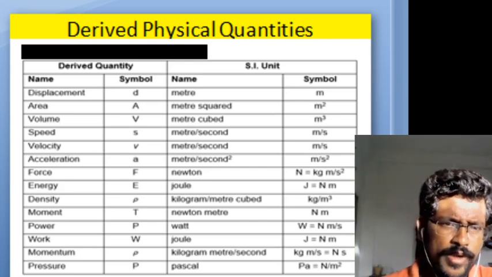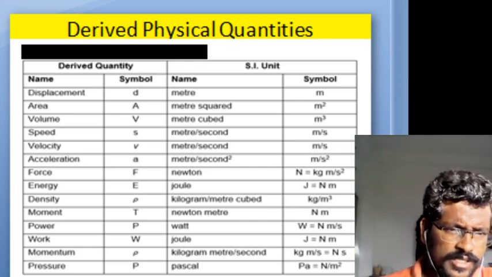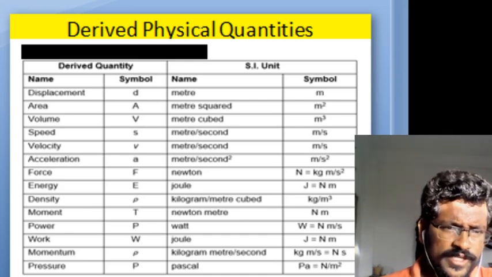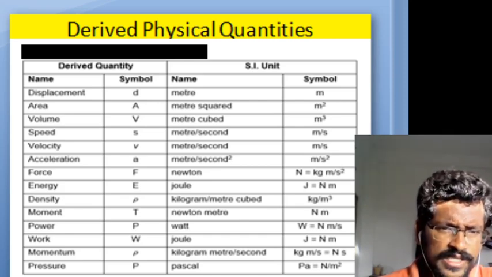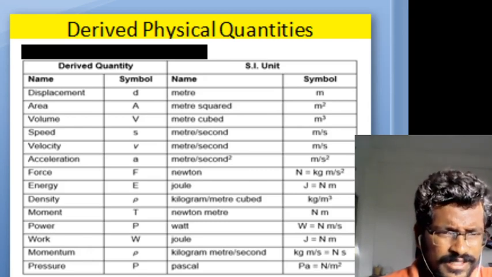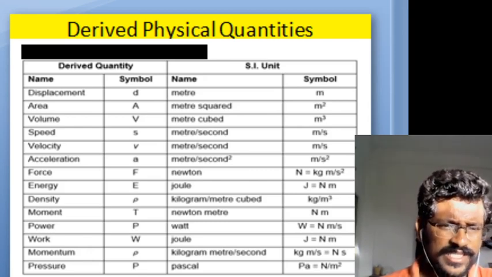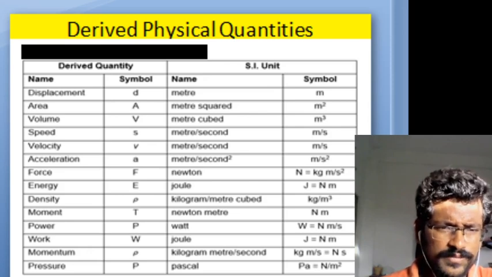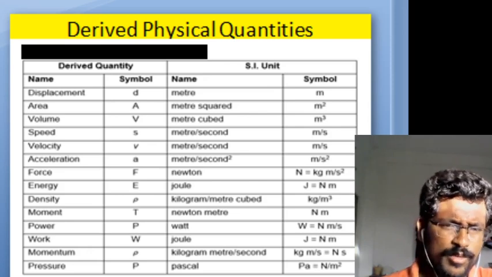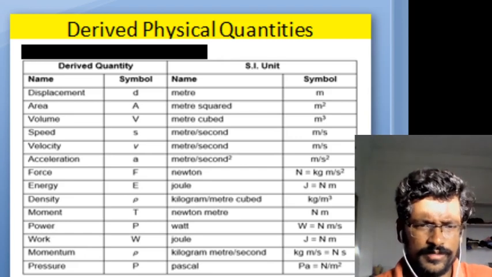Okay, now we are going to moment. Moment is denoted by capital T. It is also compared with the energy, and the SI units of energy and moment are the same, Newton meter.